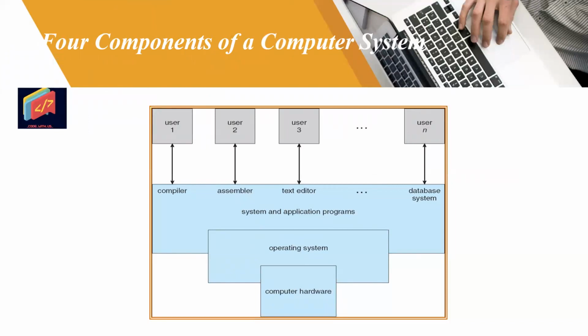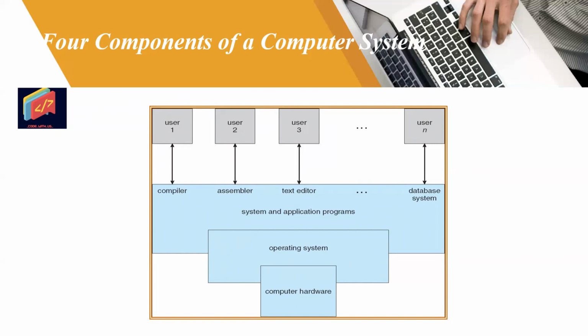As we have discussed earlier about the four components of the computer system, the first thing is the computer hardware, like the mouse and those things. Coming to the operating system, we have many OS like Windows, Linux, Unix, Ubuntu, Mac, and so on. And coming to the system and application programs, we have many application programs. Here we have given the compiler, assembler, text editor, database system, and for each and every application program we have users.